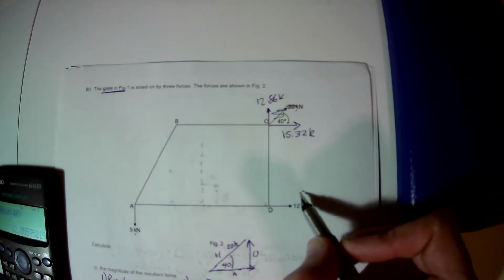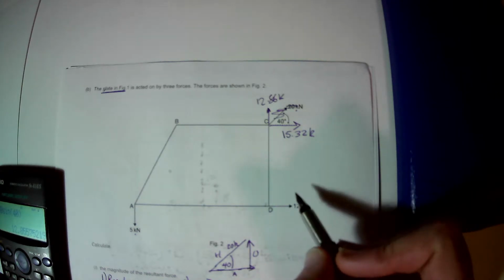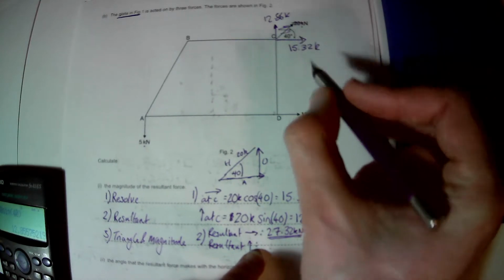And looking at this, I have got two components acting horizontally, and we are going to need to add them because they're going in the same direction. So my resultant here is going to be 15.32 plus 12, which we put in a calculator, and we find that is 27.32 kilonewtons. And because I want to draw an examiner's attention to it, I'm going to draw some attention to it, underlining it.